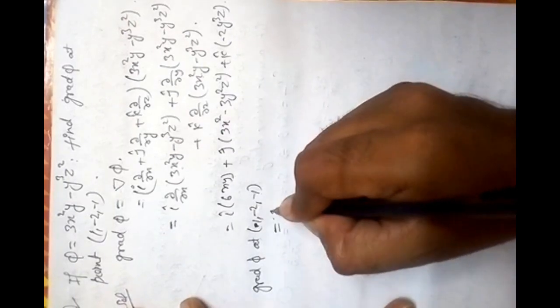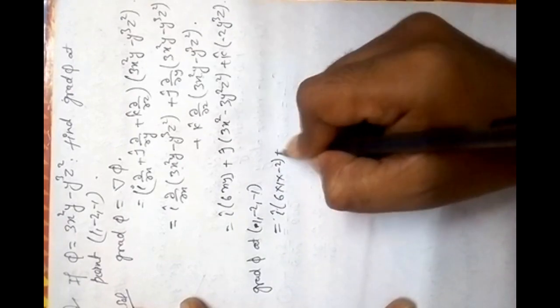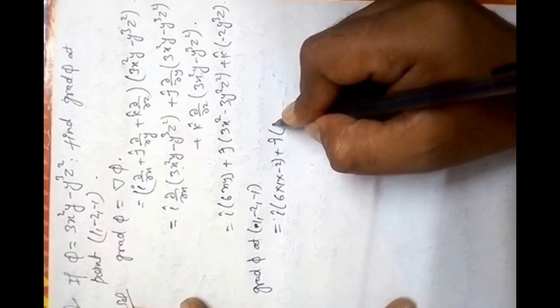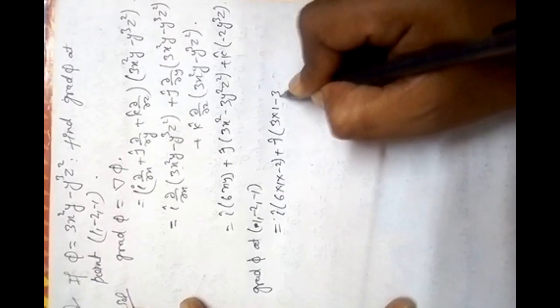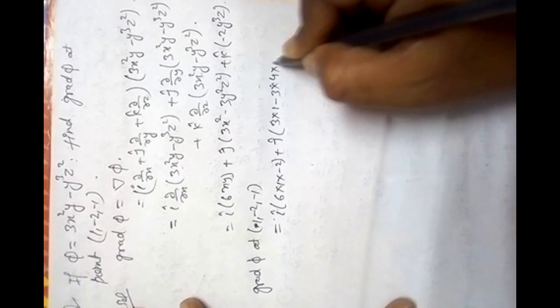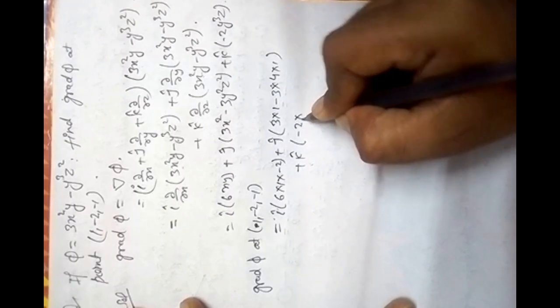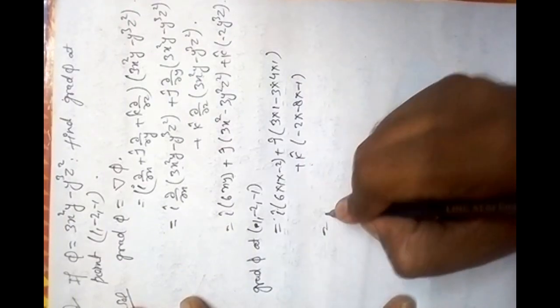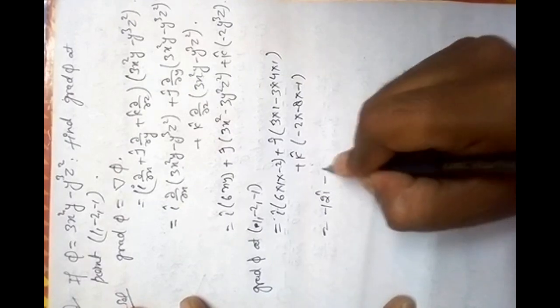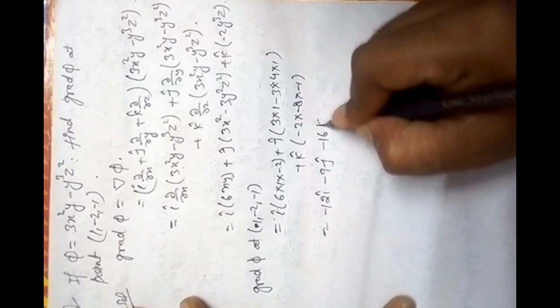So i 6 into 1 into minus 2, j 3 into 1 minus 3 into 4 into 1, plus k minus 2 into minus 8 into minus 1. Okay, so minus 12i minus 9j minus 16k.